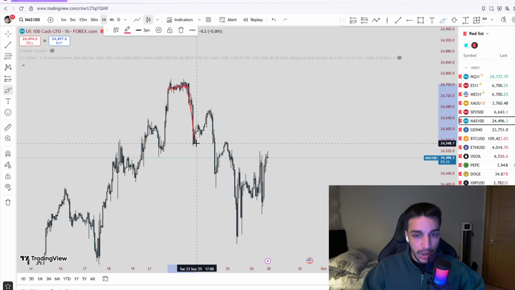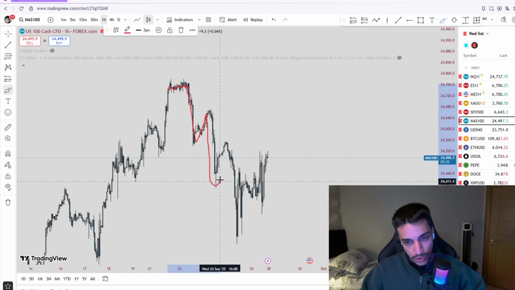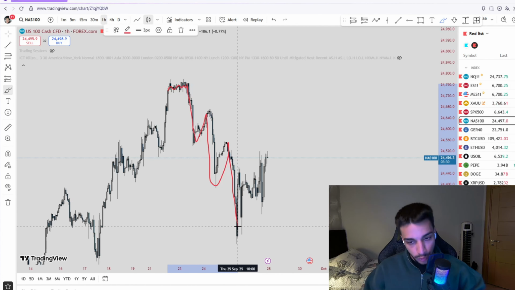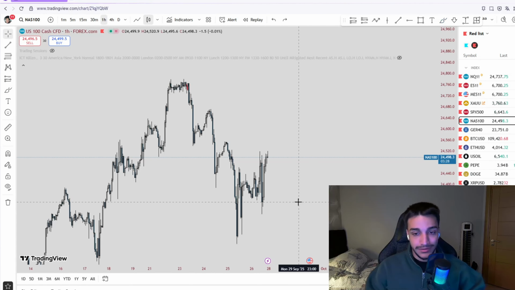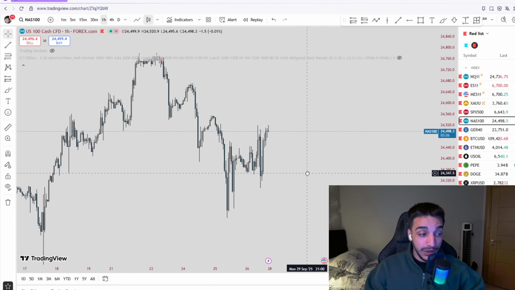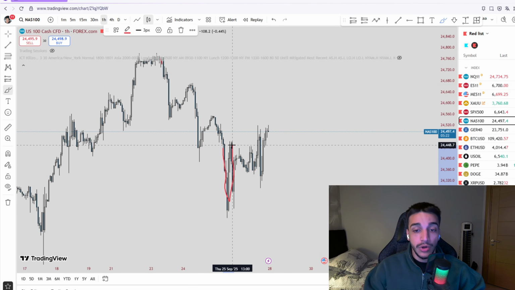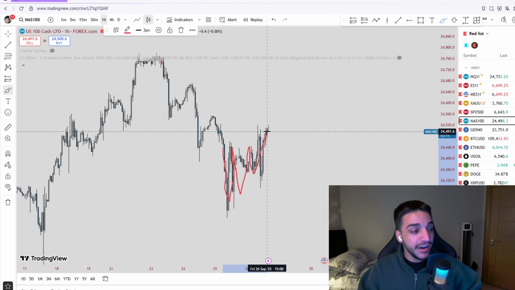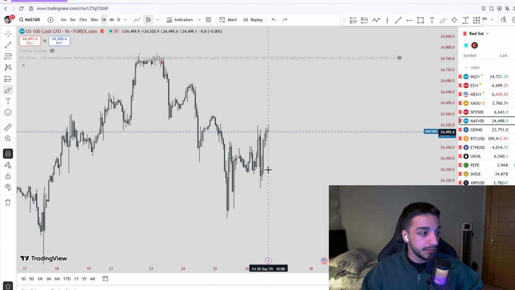Now we have lower high, lower low, lower high, and lower low. But then we changed our character, because instead of making lower highs and lower lows, we started to create a lower high, higher low, and higher high, and potentially a higher low.